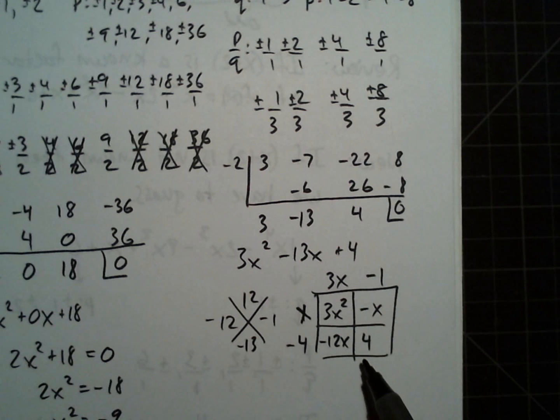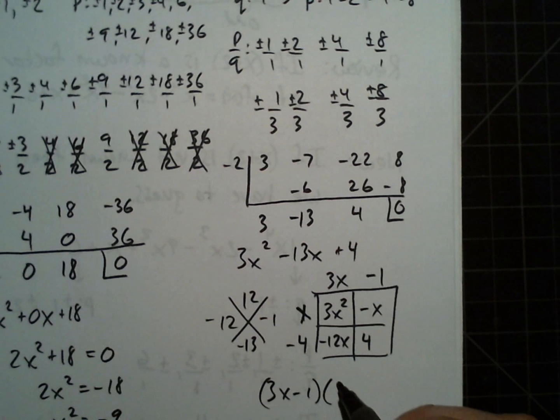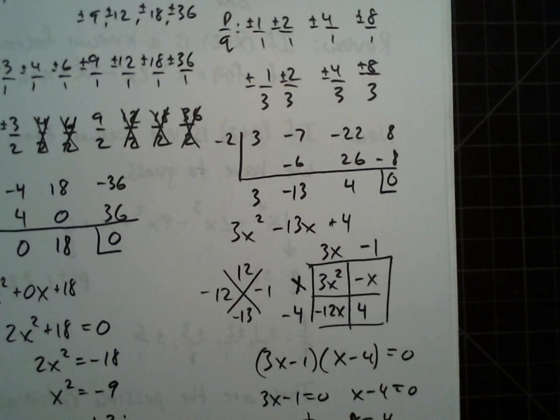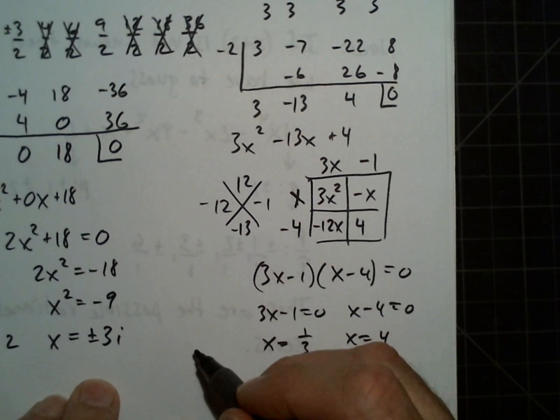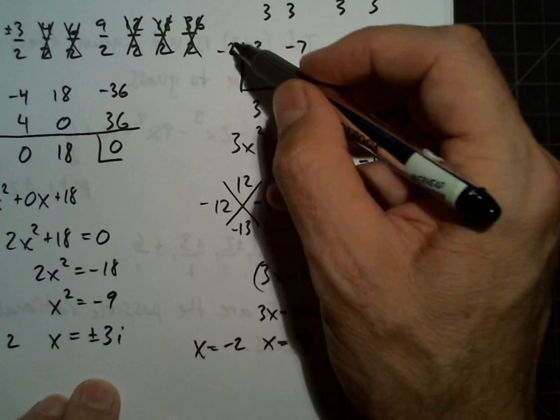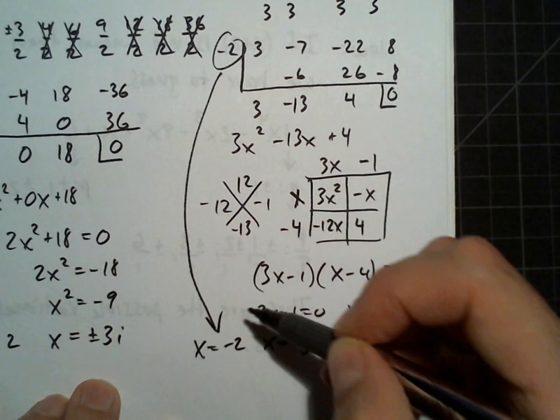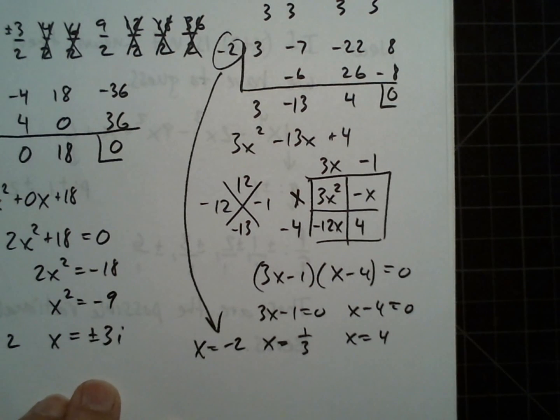And it all multiplies out correctly, so we have 3x minus 1, x minus 4, and that equals 0. One third, and then we also have the other, so we get 3 zeros.